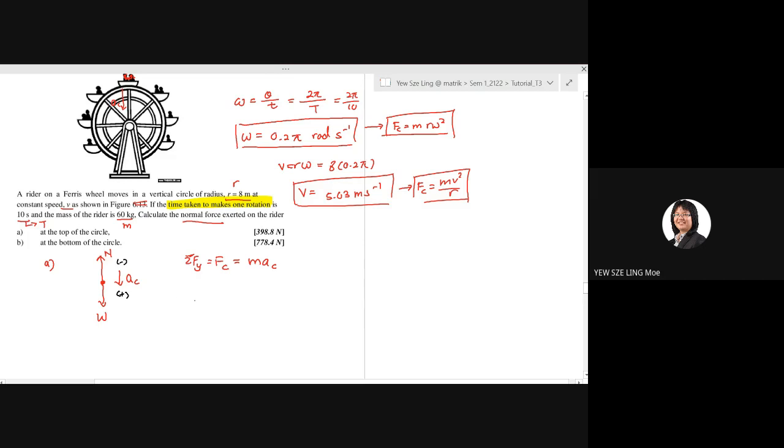Therefore, when you expand the equation, it will become W minus N equals m v squared over r. So mg minus N equals m v squared over r.